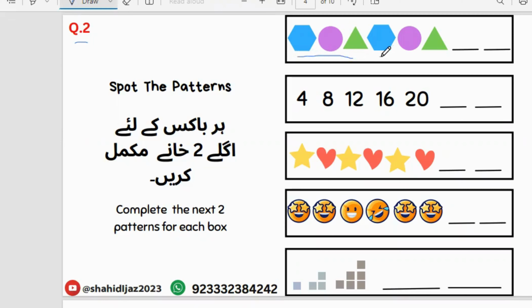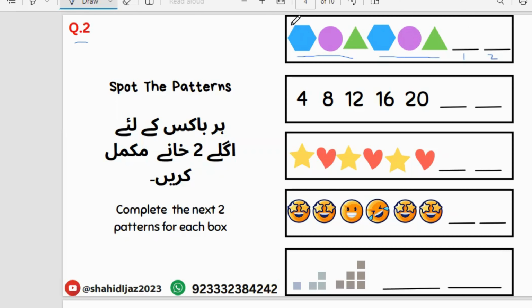These three blocks are repeating and these three blocks are also repeating one after another. So which shape will come on this position and which shape will come on this position? Can you answer, Jasmine? Yes, sir.